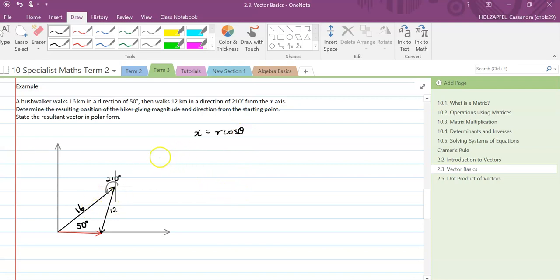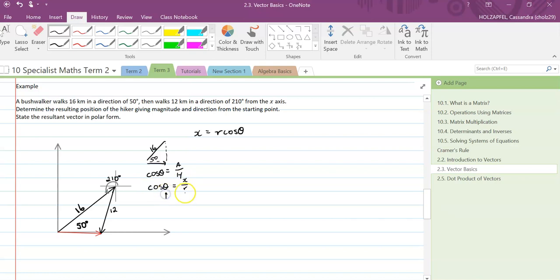Just as an aside, drawing this triangle, if this is an angle of 50 degrees and a magnitude of 16, and I want to find this x component, that's equivalent to my adjacent side. So I can write that cos of the angle is equal to the adjacent side over the hypotenuse, or that cos theta is equal to x over r.